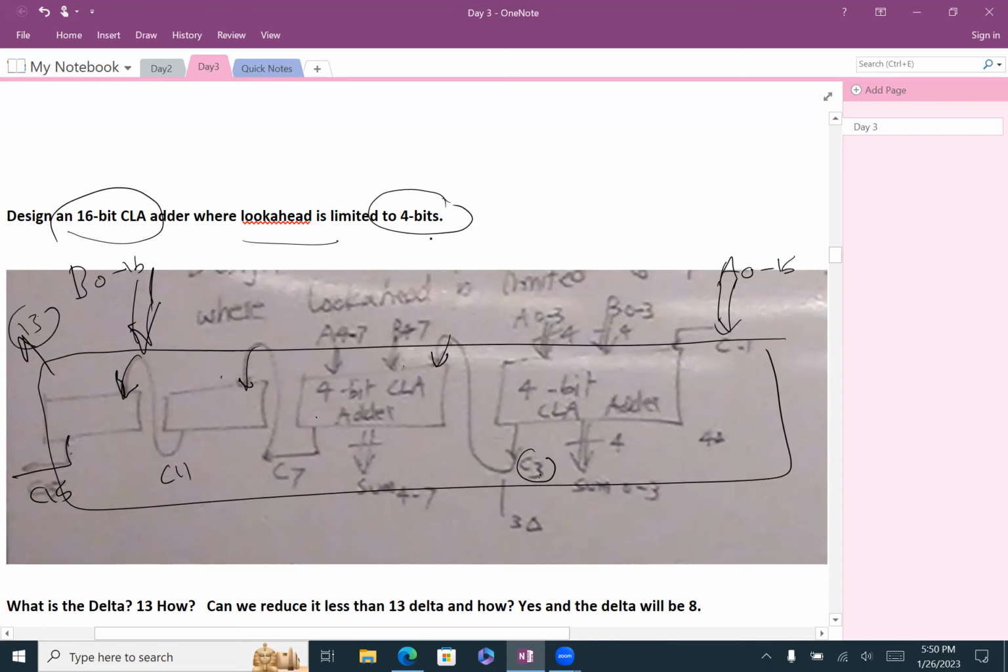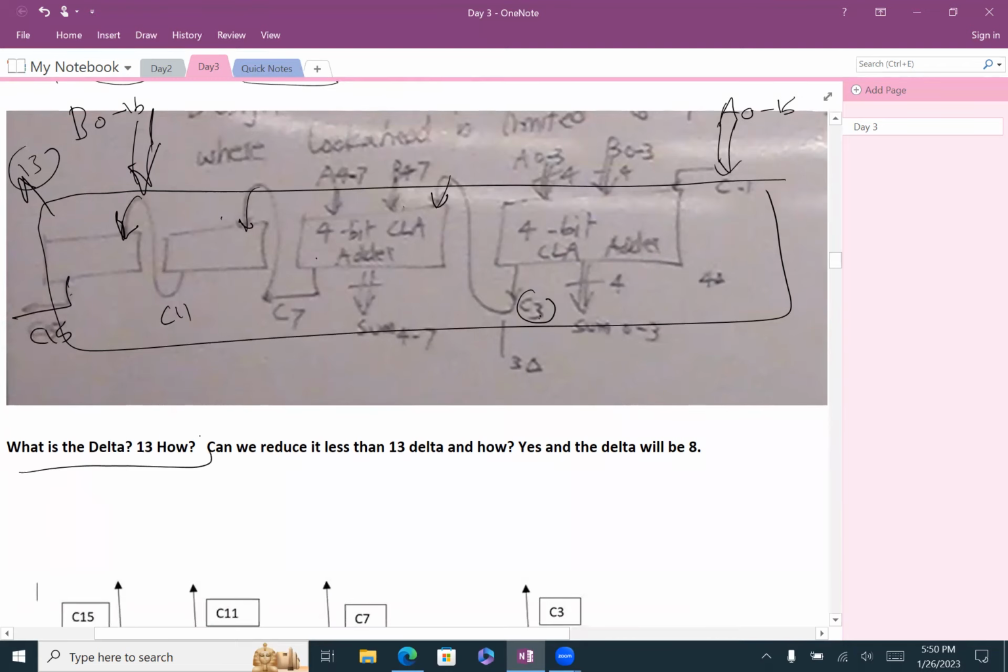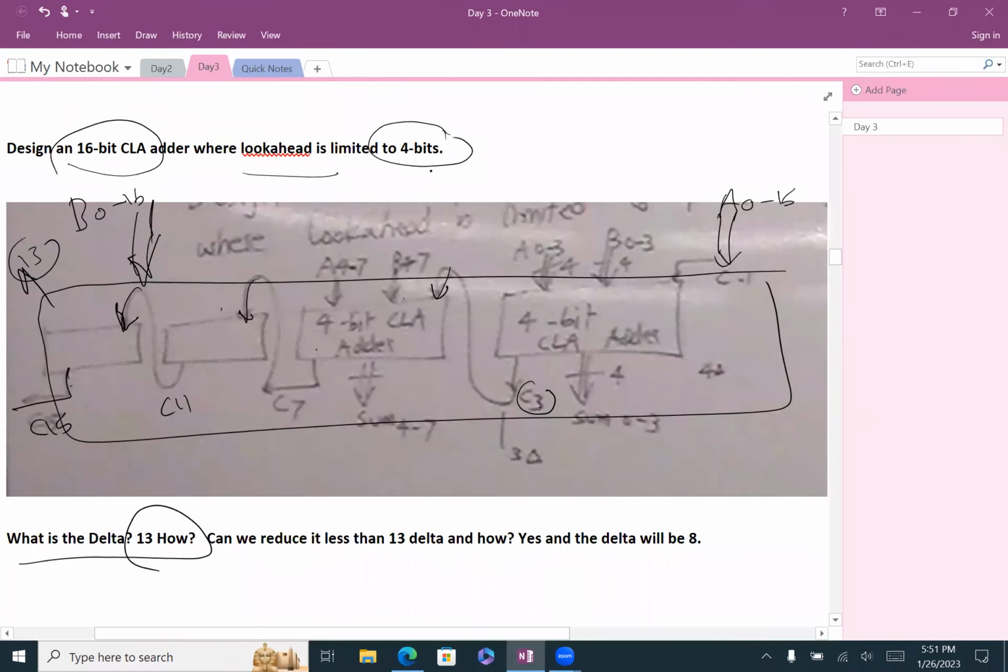Not just the carry. All right. So again, what is the delay? 13. How? We explained how we did that. Okay. Can we reduce that 13 delta? Yes. And how do we do that? Again, just remind me, we can do that by eliminating this connection somehow.